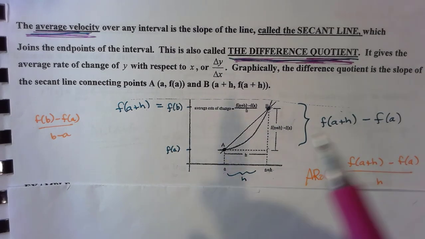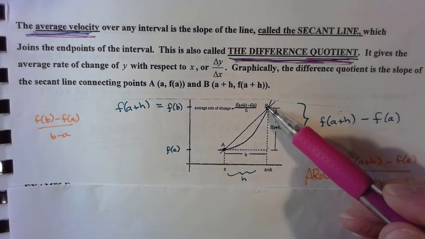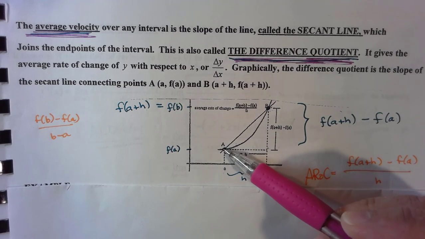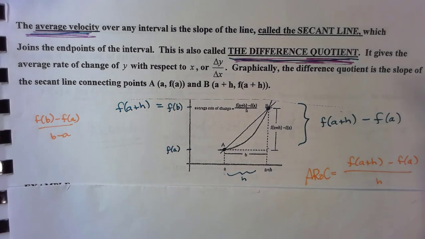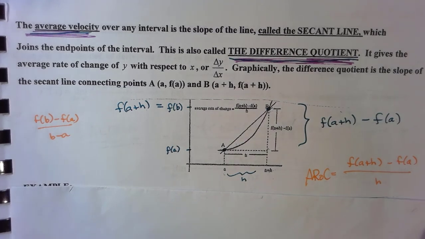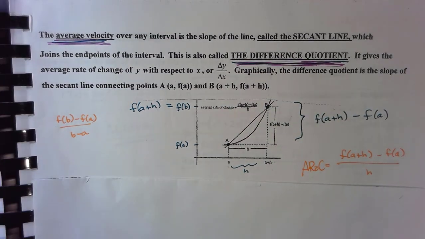But our average rate of change would be this y value, f at a plus h, minus f at a over a plus h minus a. That's our average rate of change. What would make instantaneous would be taking the limit as h goes to 0. You might want to pause the video to write all this down.